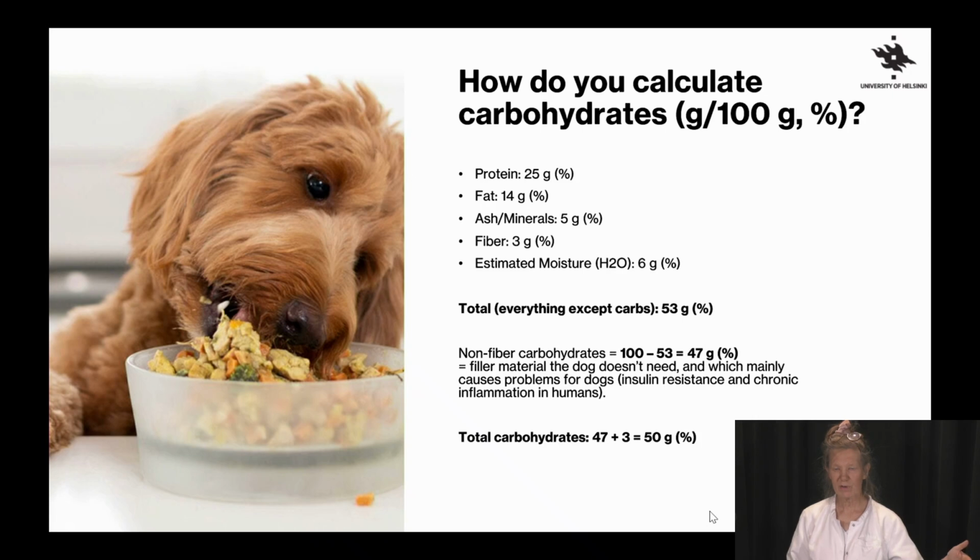So here we can see that 50% of this particular dog food was actually carbohydrates, but they did not have to write it on the package.